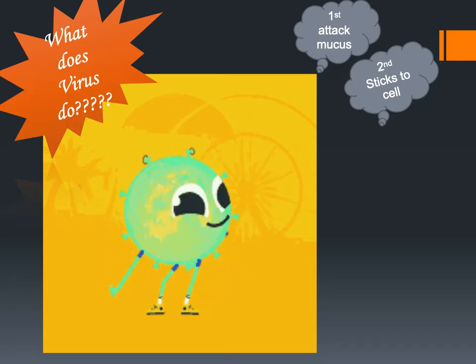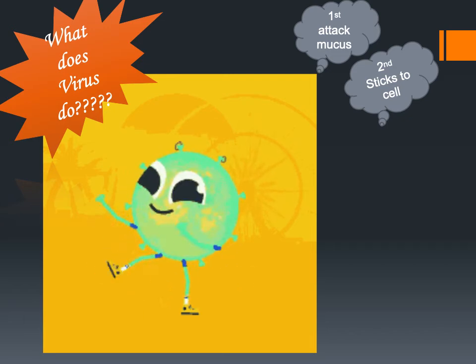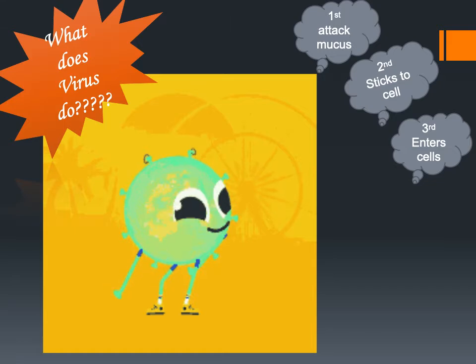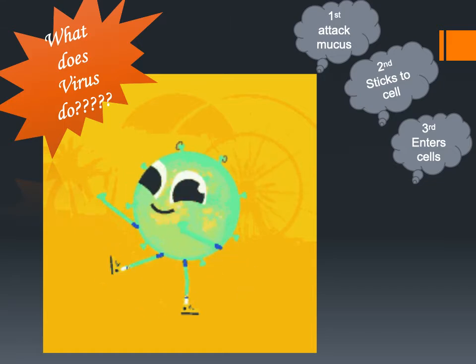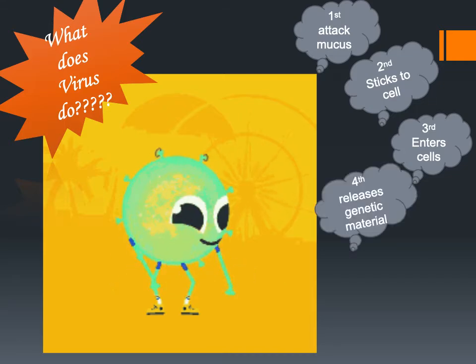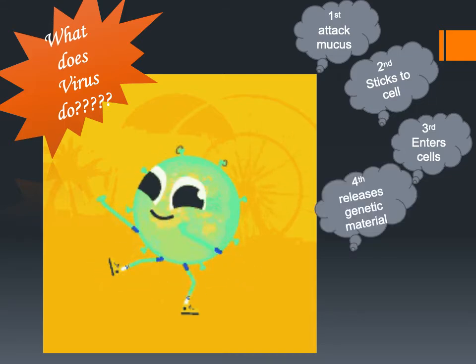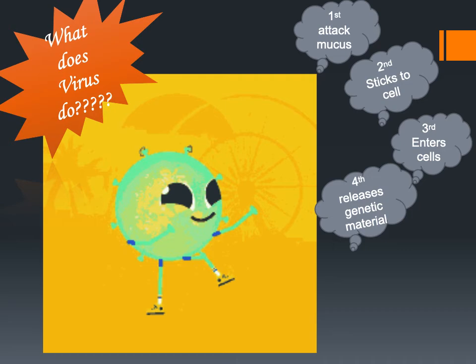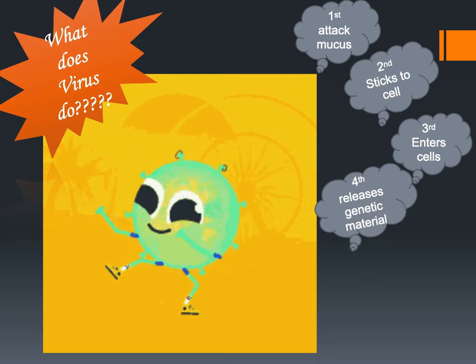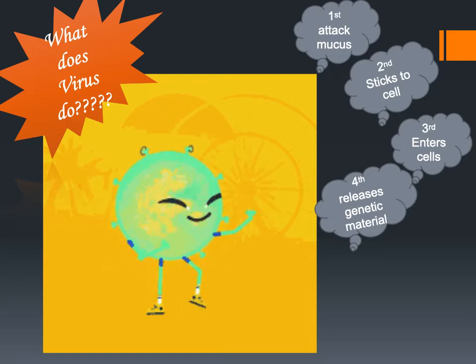Once it binds to the specific receptor, it enters the cell and releases its genetic material. Once the genetic material is released into the cell, it replicates and produces numerous viruses in that particular cell.